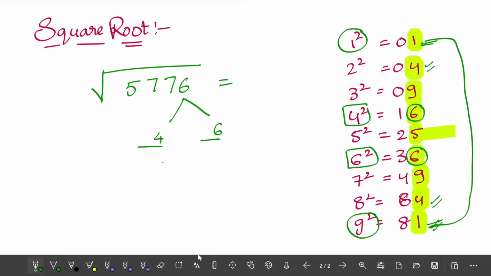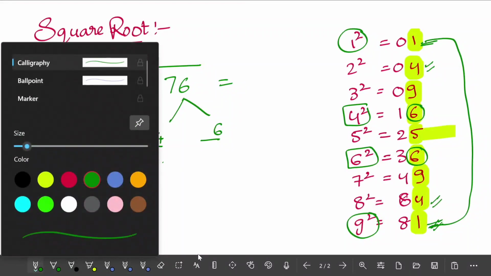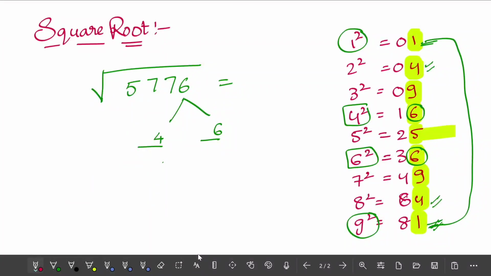What is the second step? Observe the entire number, 5776. Between who and who does 5776 lie?